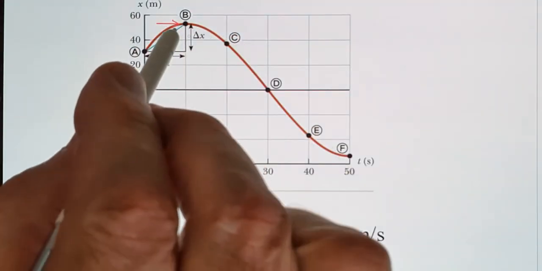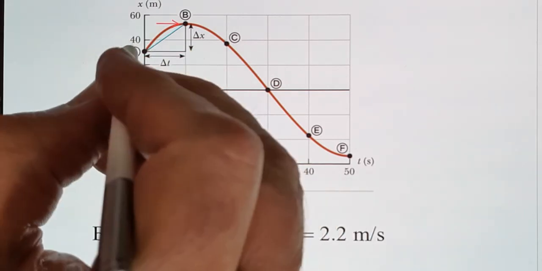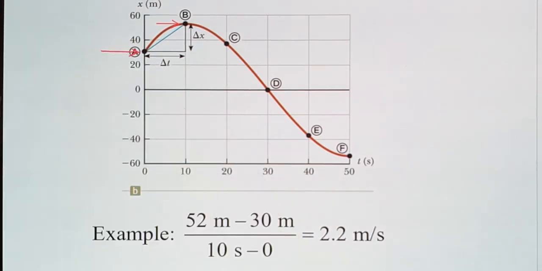What is this point on the x-axis? It's 52. And what is this point? It's 30. So 52 minus 30 divided by 10 minus 0, it's 2.2.